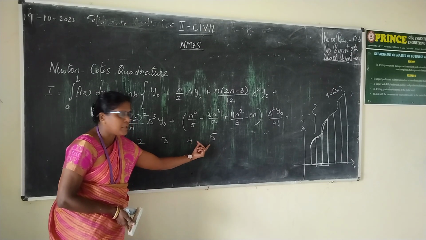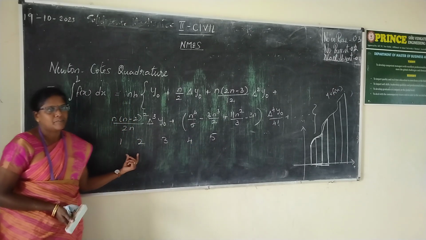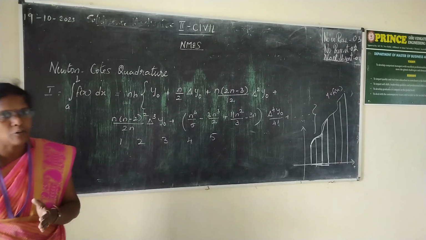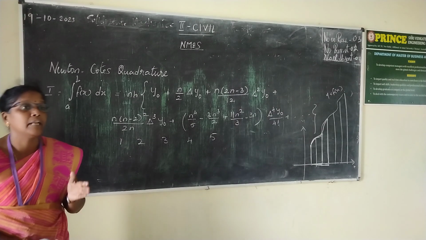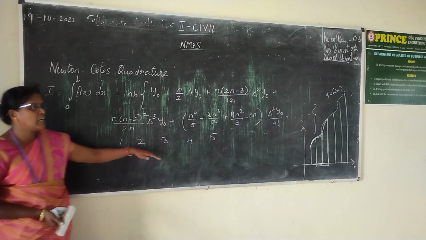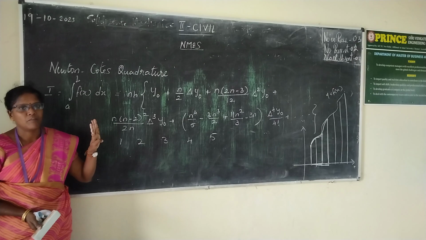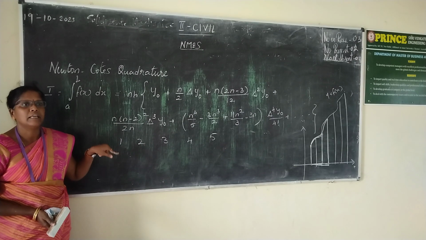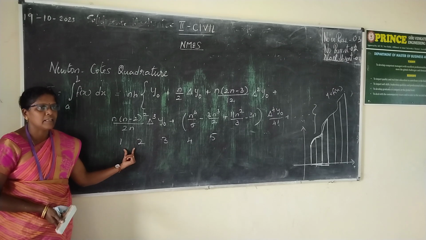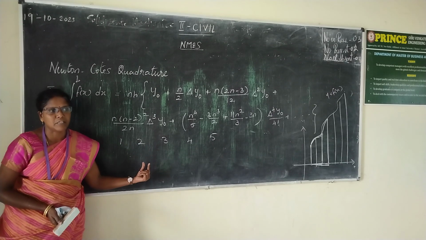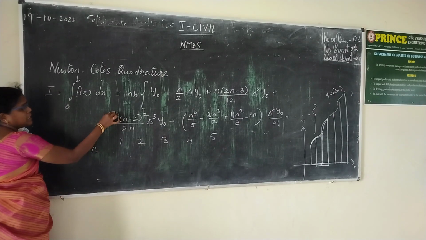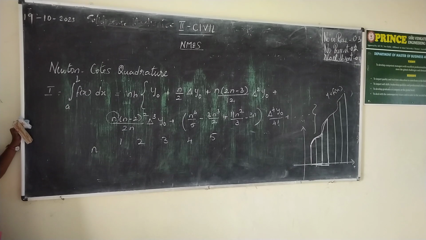Okay, the gap is there; this we call a subinterval. Okay? So if we have n number of values, the number of subintervals will be n minus 1, one less. If there are 5 values, how many subintervals are there? 4. 7 values means the number of subintervals will be 6. The number of subintervals will be one less than the number of x values. Count the gaps; that is the number of subintervals. Normally it is denoted by the symbol n. It indicates the number of subintervals. We have to solve using the number of subintervals.